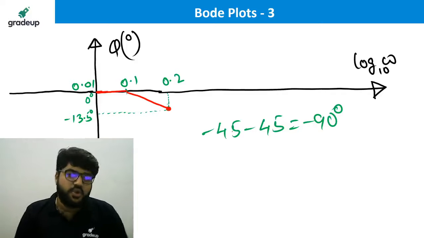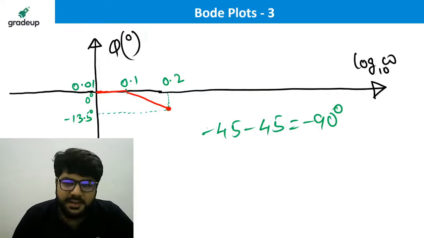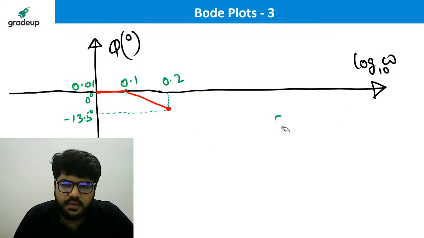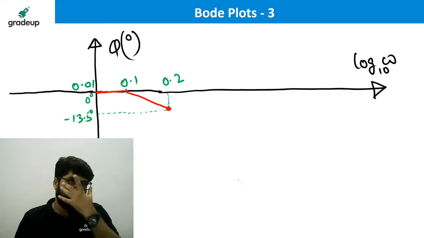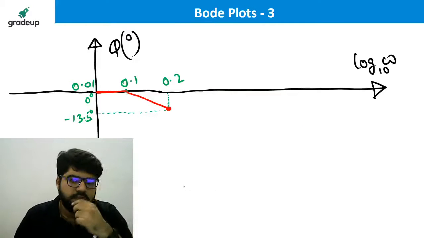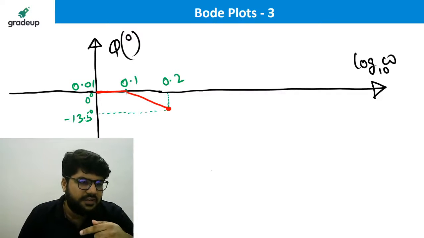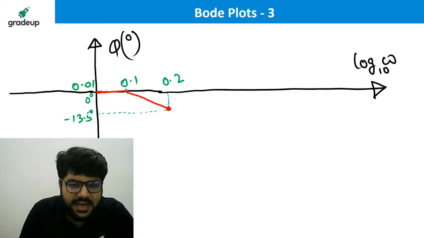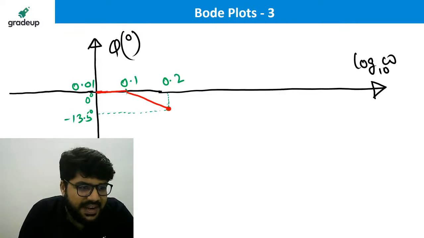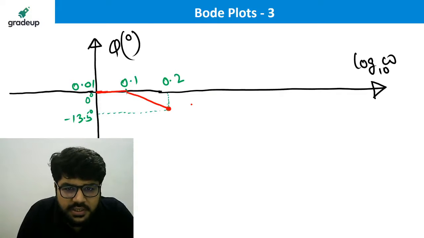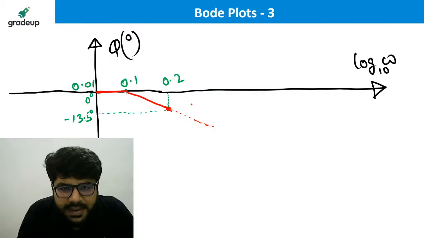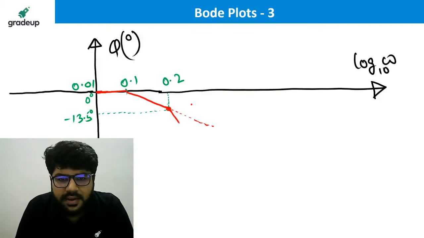The slope will change by minus 90 degree, bending downwards. Had there not been this point, this would be the actual direction, but now it will bend downward, the new slope being minus 90.